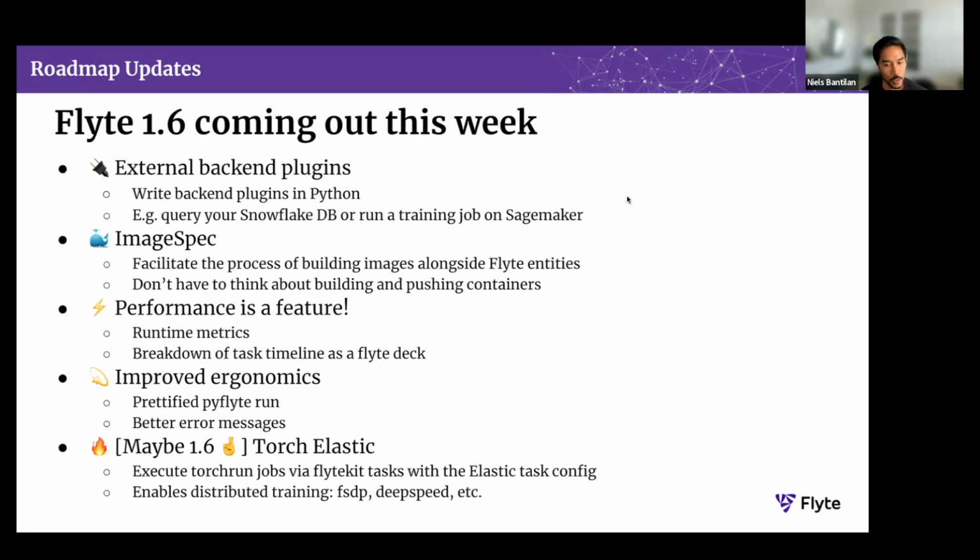So there'll be a new Elastic task config object that you can specify in your tasks, and Flyte will handle all of this stuff for you. Things that this enables are distributed training using FSDP, DeepSpeed, and probably a bunch of others that we're not aware of. So look out for that.